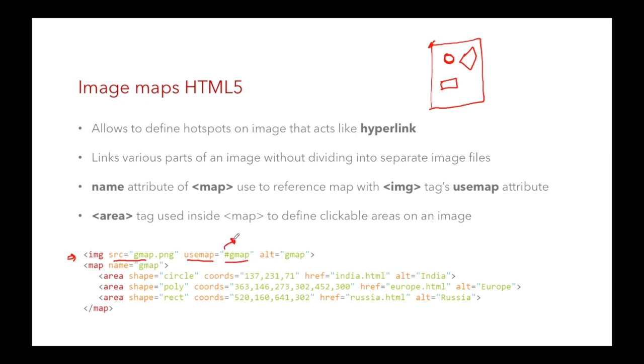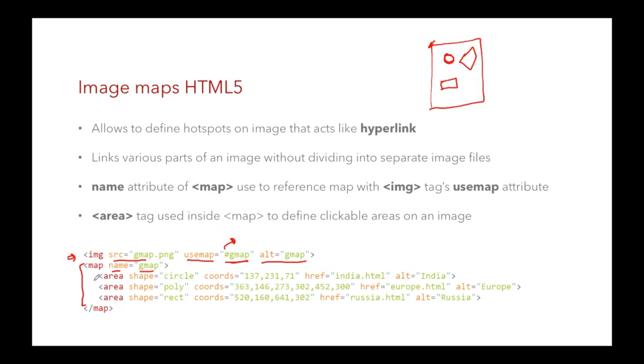The hash is basically used to specify the ID, and gmap is something that will help the browser locate this map code. And again, if the image doesn't load, it will just display gmap, which is the alternate text. Now inside the map tag, I've specified the name of this particular map tag as gmap, so that when we refer to it, this code can be consumed.